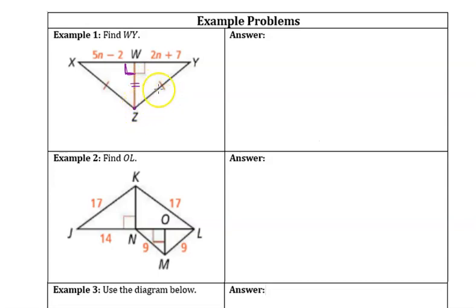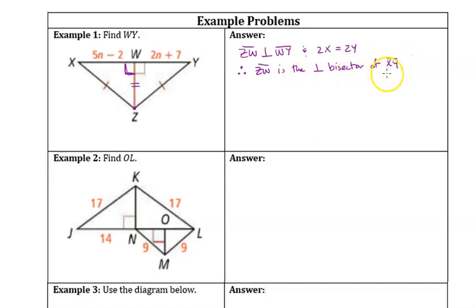Because point Z is equidistant from the endpoints of segment XY, and it's also on this segment that's perpendicular to segment XY, so this segment ZW is perpendicular to segment XY, and Z to X is the same distance as Z to Y. Therefore, segment ZW is the perpendicular bisector of segment XY.